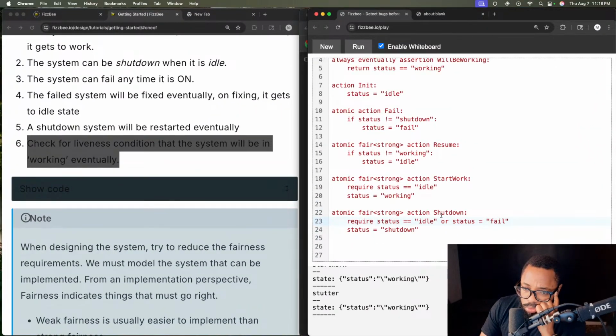What can we shut down phases? Right now I think it's just fail.